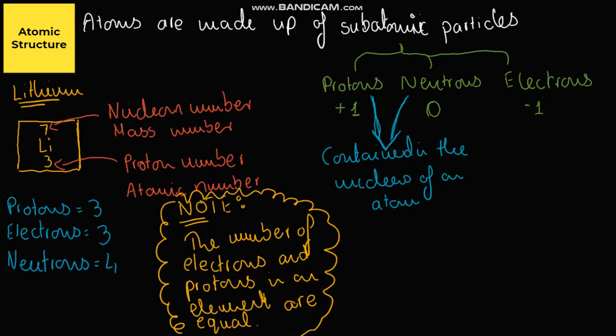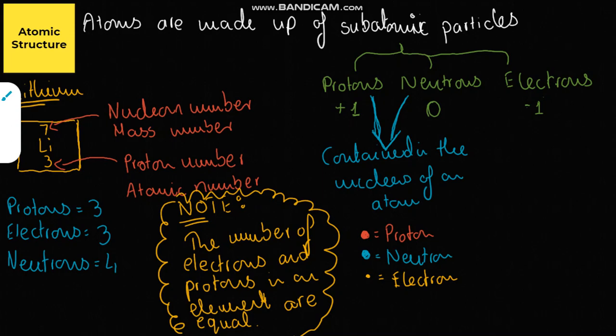Now if we wanted to draw a diagram of lithium, let's draw it here. Let's say that this is a proton, this is a neutron, and the small dot is the electron. Electrons are relatively smaller than neutrons and protons. The protons and neutrons are in the center, in the nucleus.